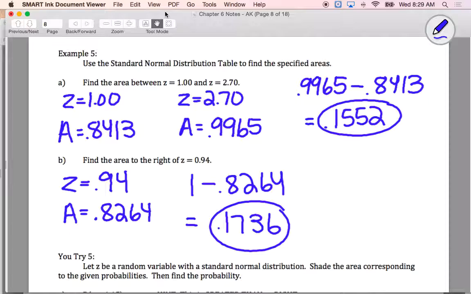Now again, we are subtracting them because 0.8264 is everything left of z of 0.94. If you want everything right of 0.94, you have to find 1 minus what was left. Because if you add the left side and the right side, your total should be 1.